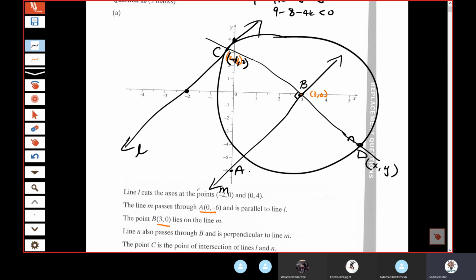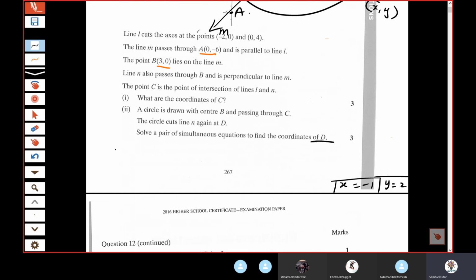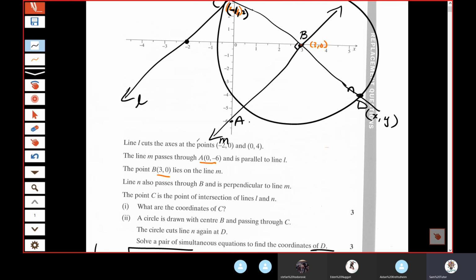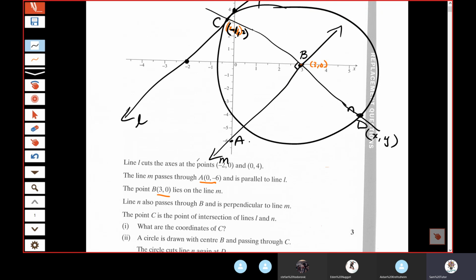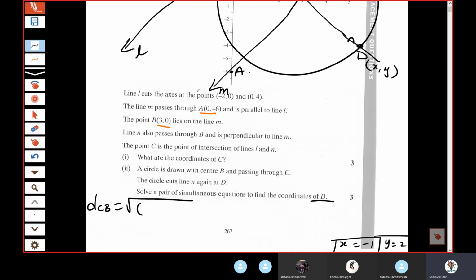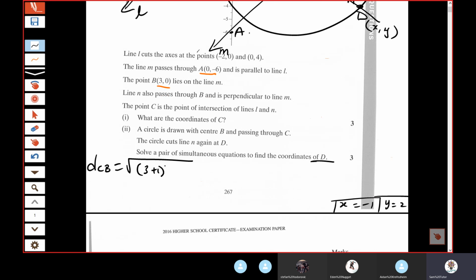So what we're going to do is find CB, the distance CB, because B is the center. It's passing through that, so you're actually finding the radius. So the distance of CB equals the square root of 3 minus negative 1, 0 minus 2. So 3 plus 1, and then 0 minus 2.